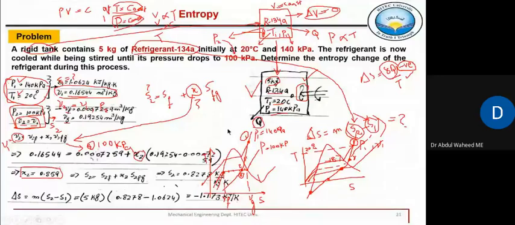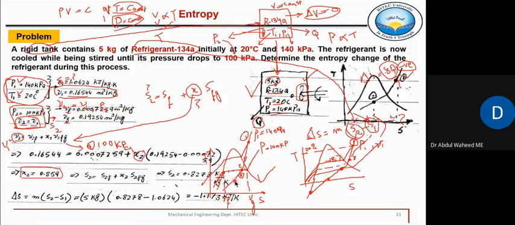If you add the delta S of the system and the delta S of the surroundings, these two entropy changes will always add up to a positive number. That is the increase of entropy principle. But we do not have to find that here. Here the requirement was just to find the entropy change on the system side. Our system is losing heat, so entropy is decreasing. That's why it is a negative number.